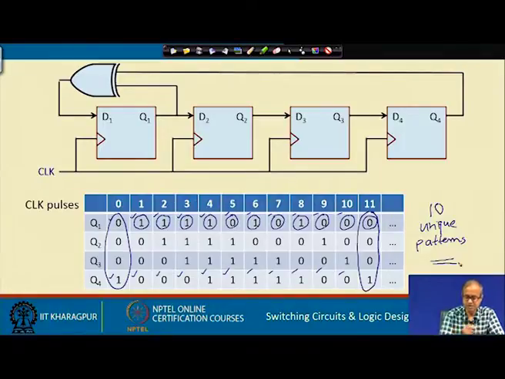Now, one property of this LFSR is that the patterns which are generated bear good randomness properties.